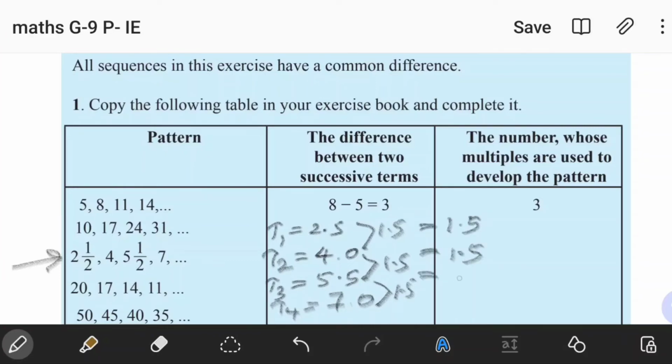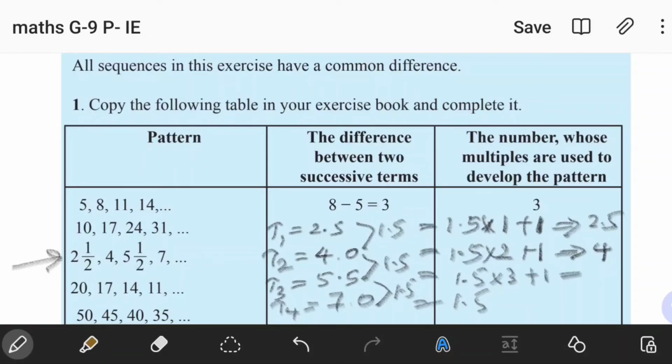So 1.5 times 1 is 1.5, and then you have to add 1 to make it 2.5. 1.5 times 2 is 3, and then you add 1 to make it 4. 1.5 times 3 is 4.5, and then you add 1, you get 5.5. Then for the fourth term, 1.5 times 4 is 6, and 6 plus 1 is 7.